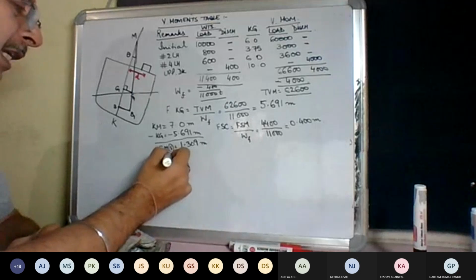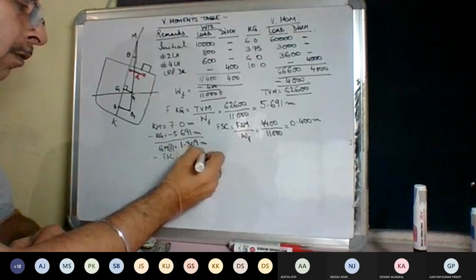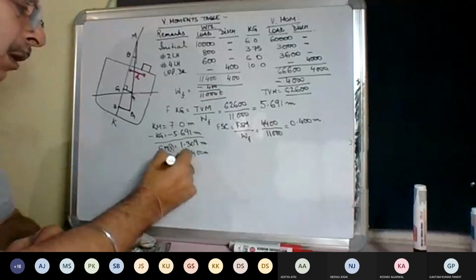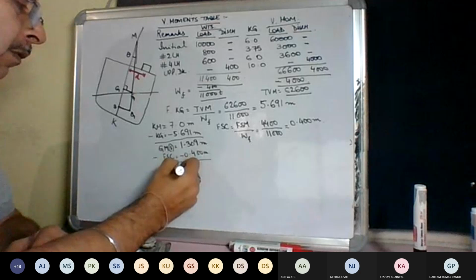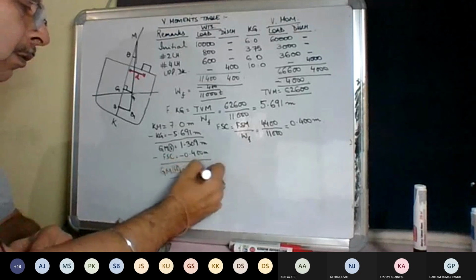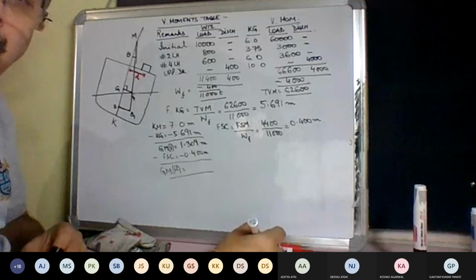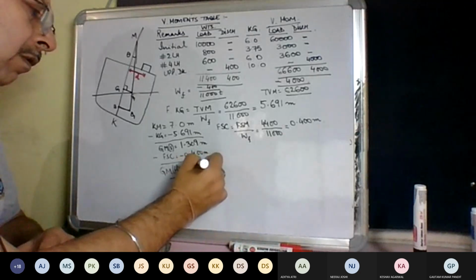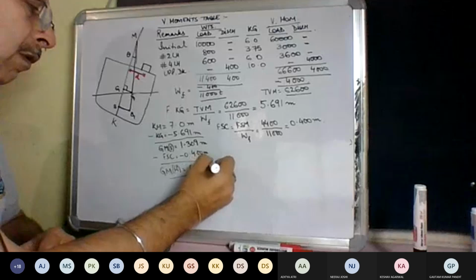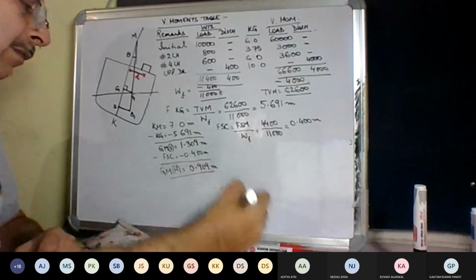So minus FSC will give me the final GM fluid, which comes as equal to 0.909.